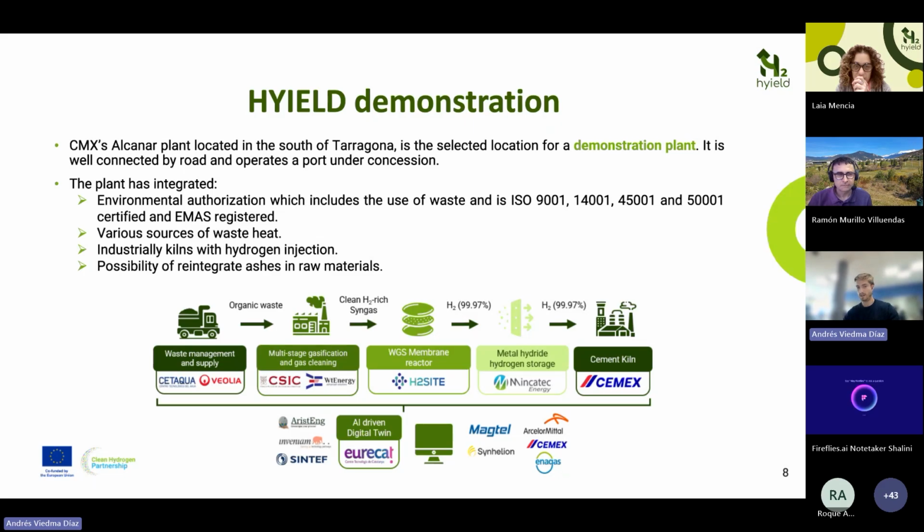Then they take it to our main plant, where the whole technology is deployed, and with the gasification, we're able to convert this waste into gas. Then the gas is purified through a membrane reactor, and after that, we are able to store our hydrogen for then being able to use it in the cement industry.